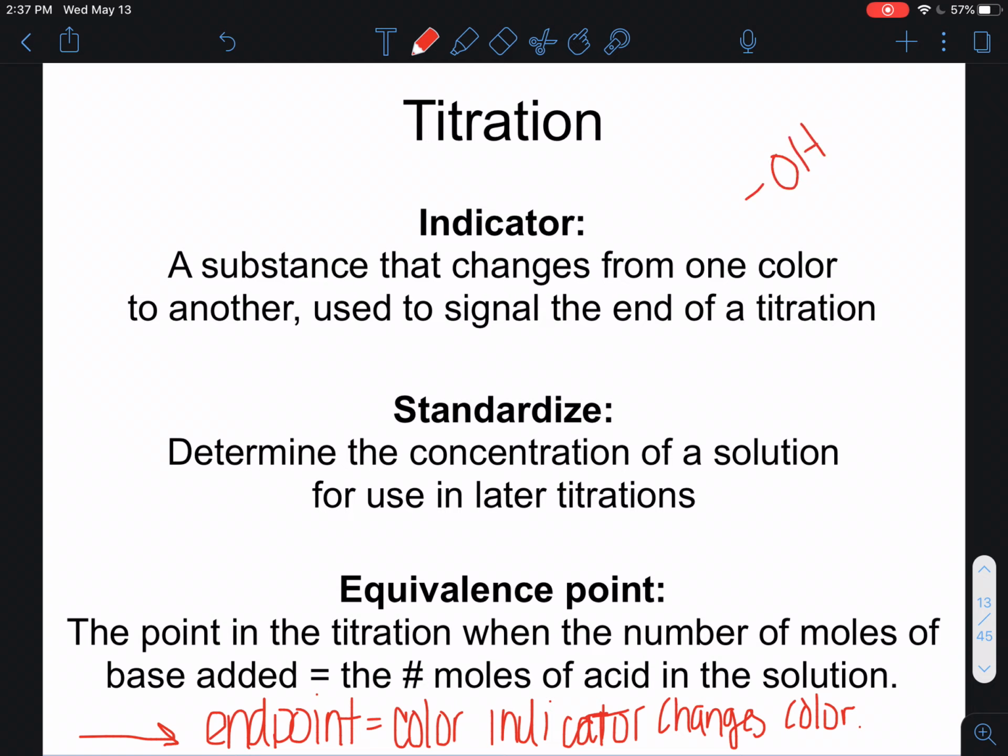So the solution has to be a little bit basic. So the equivalence point comes first. That's when the moles of acid equal the moles of base. Then we have to go a little bit further, adding a little more sodium hydroxide so the hydroxide anions can interact with the phenolphthalein to turn it from colorless to pink. So the endpoint is a little bit after the equivalence point.